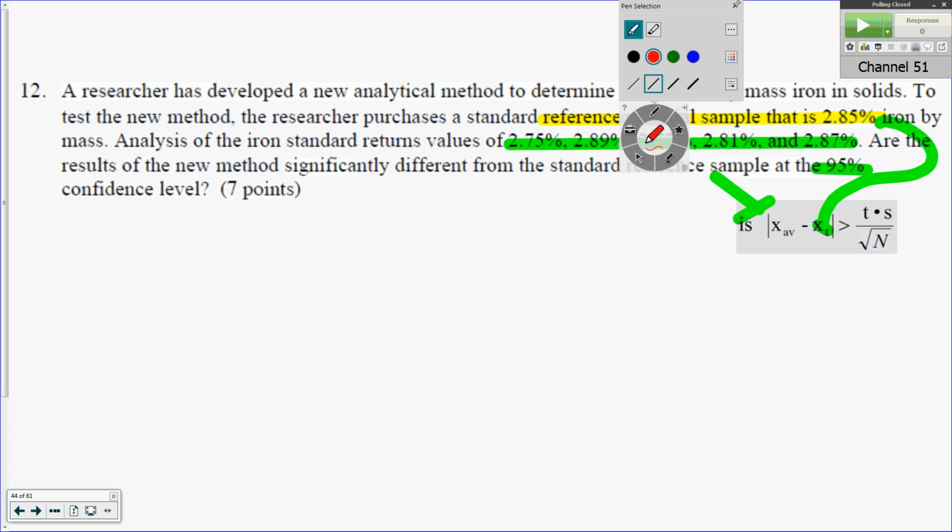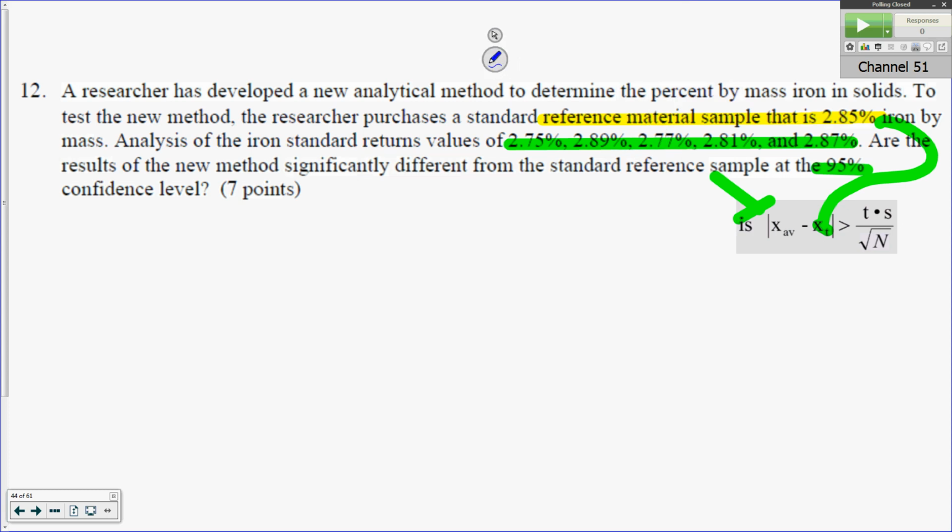So you're going to do the same thing with the statistics. You're going to take your real data set in. You have to know the average and all those other things. Clear your stats out. The data: 2.75, 2.89, 2.77, 2.81, 2.87.